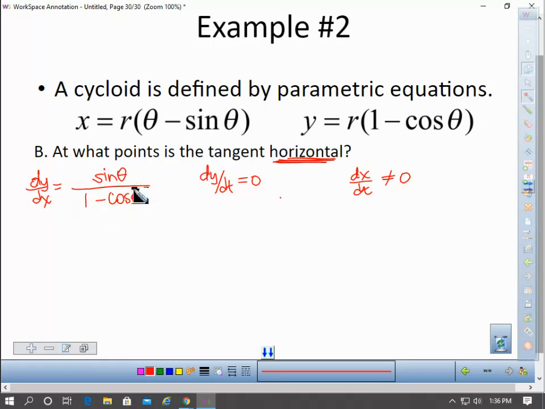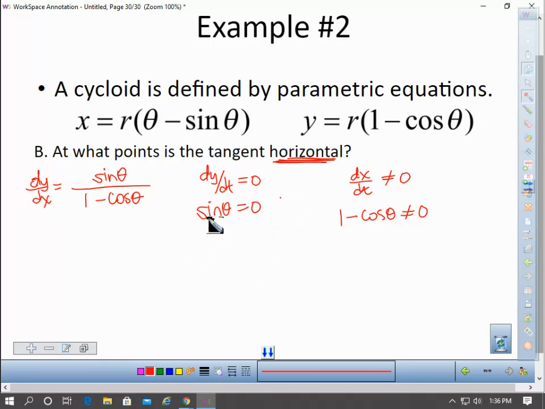We want 0 divided by some number other than 0. In order to get a horizontal tangent, we want this to equal 0. So for dy/dt, we want the sine to equal 0, but we want the dx/dt, the 1 minus cosine, to not be 0 because we don't want to have 0 in the denominator.